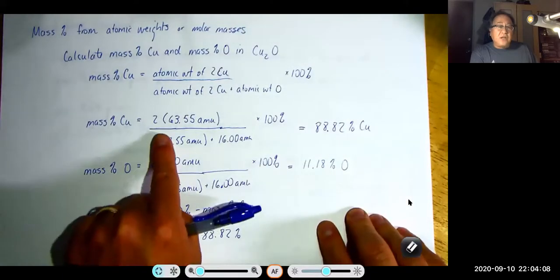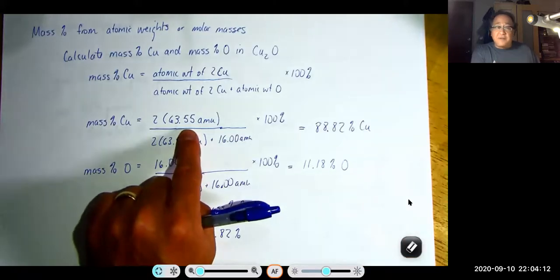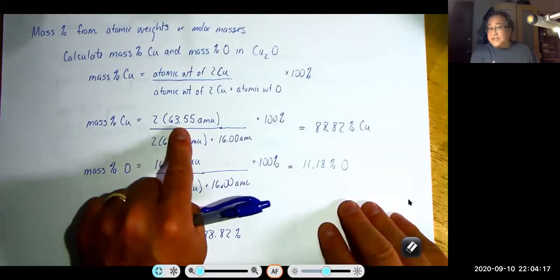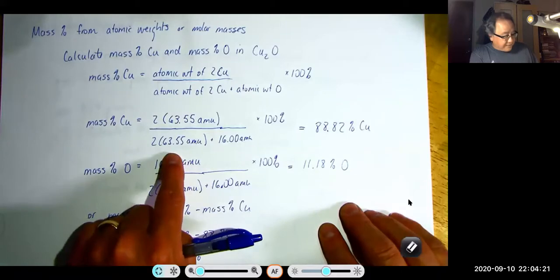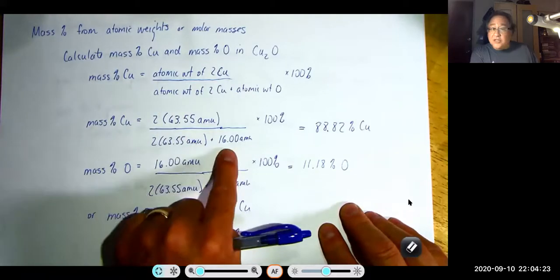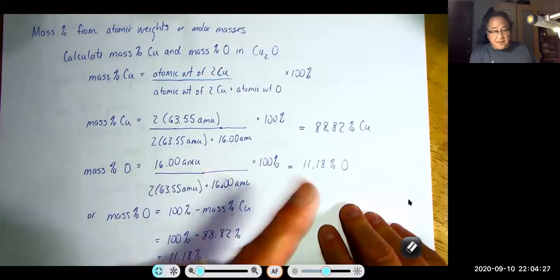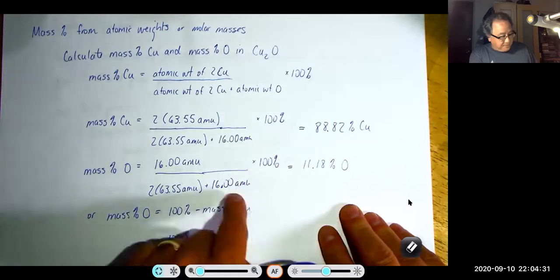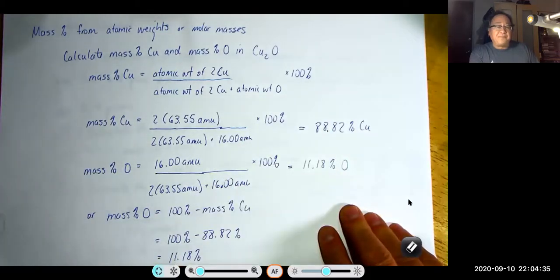So here, the mass of 1 copper is 63.55 AMU, and there's 2 of them, so we get a total of about 127. Here in the denominator, we get that same amount, but plus the 1 oxygen atom, so we get a mass of about 143. Times 100%, and you get 88.82%, okay?